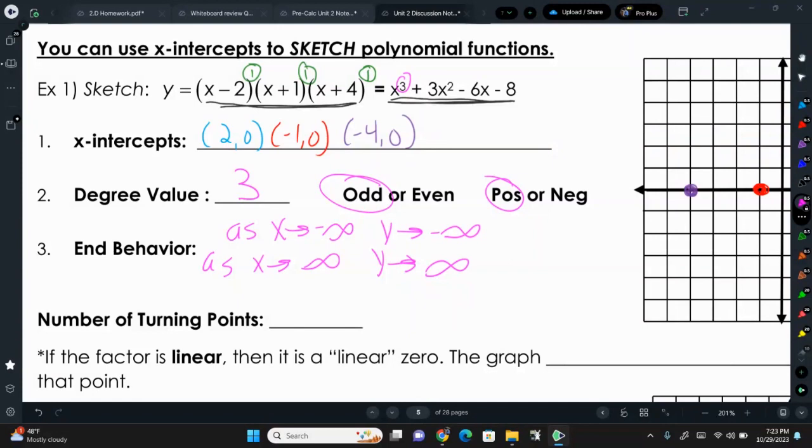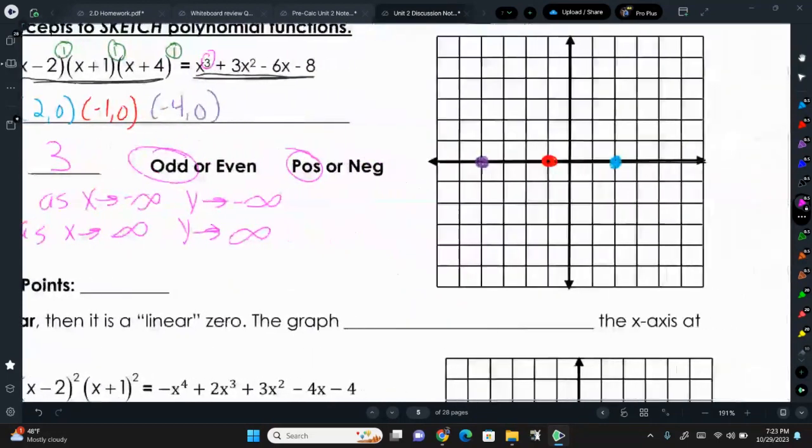So now we're going to graph this. I start with the end behavior. The left side is going to go down and the right side is going to go up. Now we have to figure out what happens in between. We cross here, we turn down and we cross there, and then we turn back and cross up.